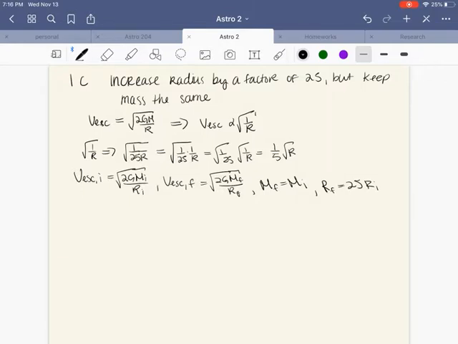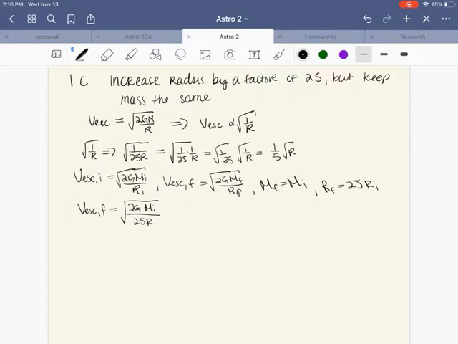So for my V escape final, for M I'm going to plug in initial M, and for radius I'm going to plug in 25 times my initial radius.